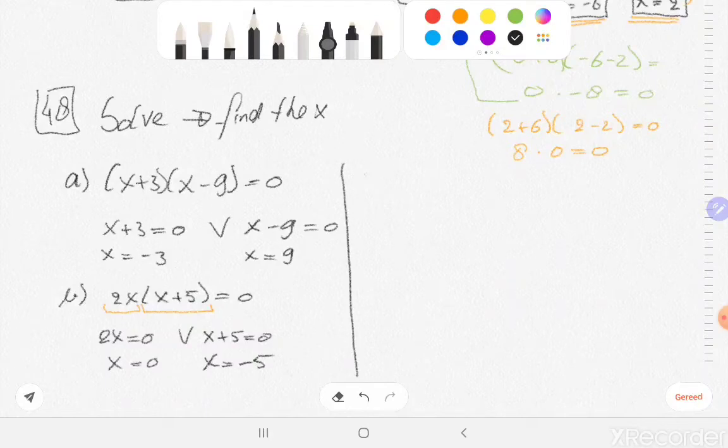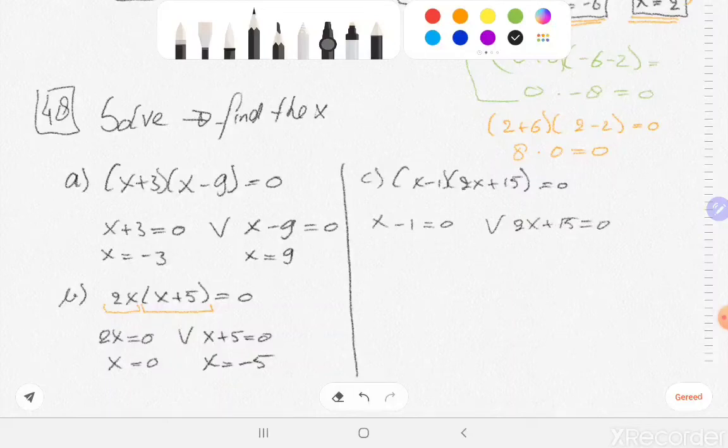Exercise C: inside the bracket, x minus 1 times 2x plus 15 is equal to 0. So x minus 1 needs to be 0, or 2x plus 15 needs to be 0. So x is equal to 1, and we subtract 15 on both sides over here, then you get minus 15, so x is minus 7.5.